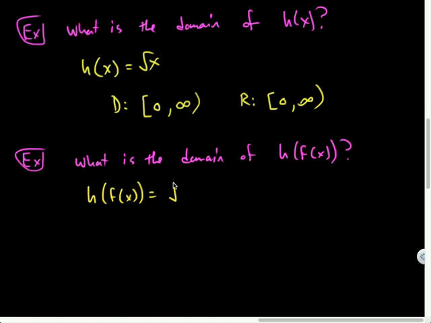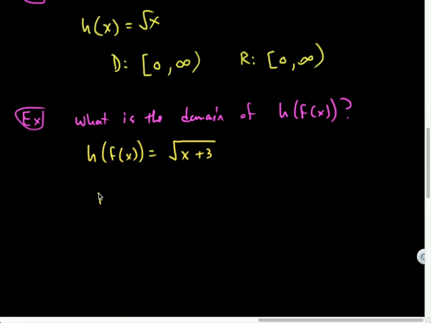That was the square root of the entire contents of x plus 3. Yep. So what's the domain of this going to be? Could I plug in 0? Yeah, I'd get the square root of 3. Could I plug in negative 1? Because I'd get the square root of 2.